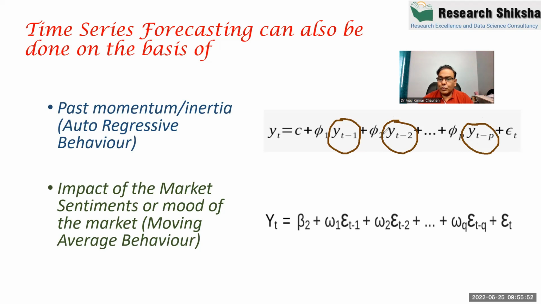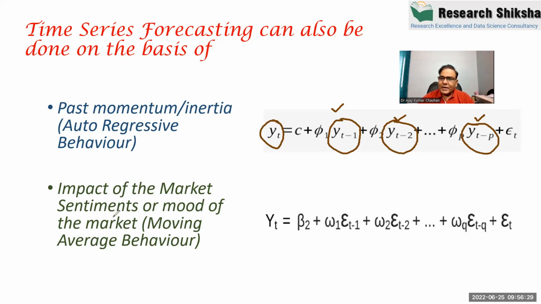So you have to consider the past values of Y to forecast the next value. Because we are running a regression model, the dependent variable is today and the past behavior is the independent variable. So this series is called autoregressive. We have many autoregressive series like GARCH, where we are taking the past volatility in the equation.